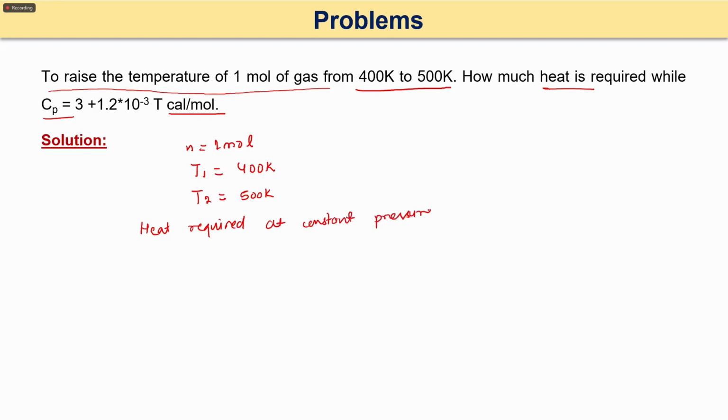And we know that heat required at constant pressure is Qp, which is nothing but delta H. And we know that delta H is equal to n Cp delta T, which will become n Cp into T2 minus T1.